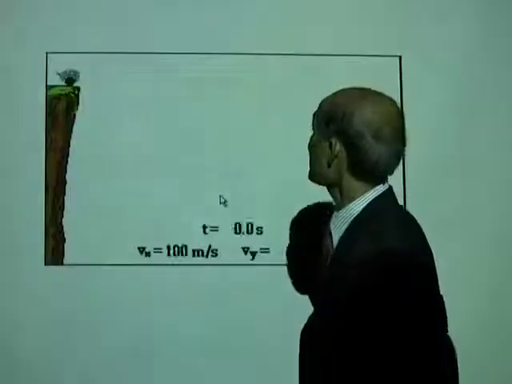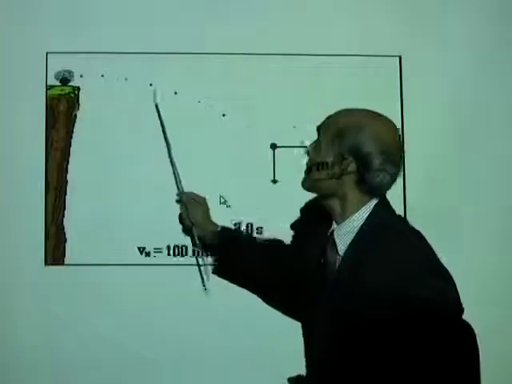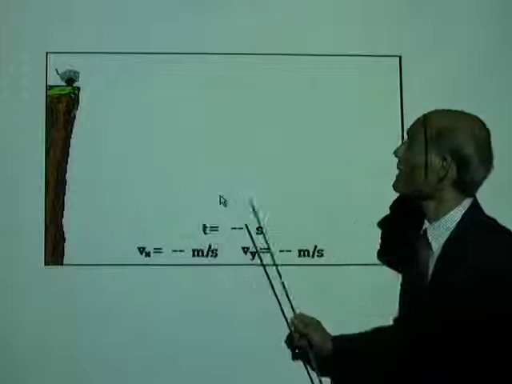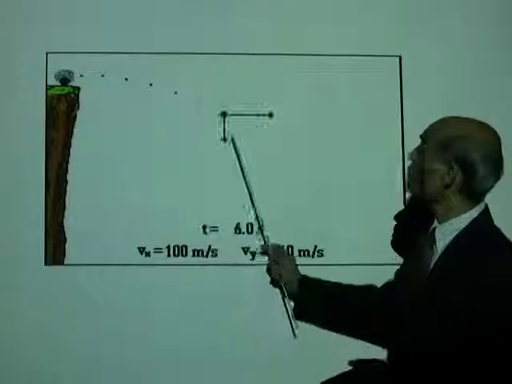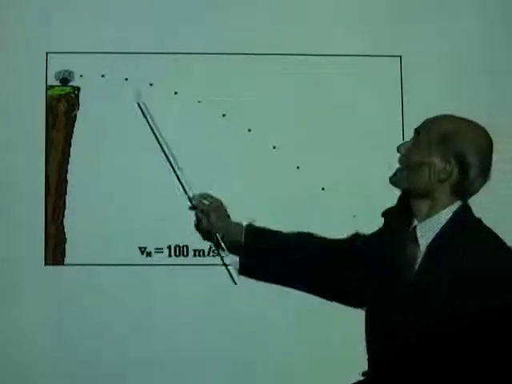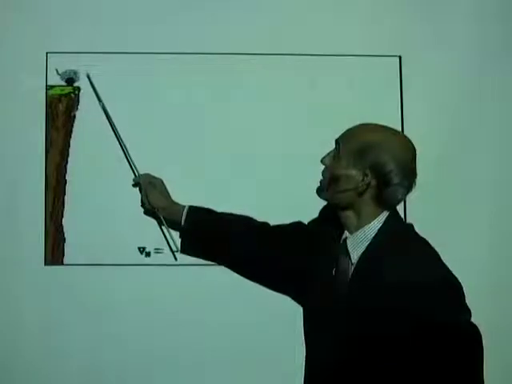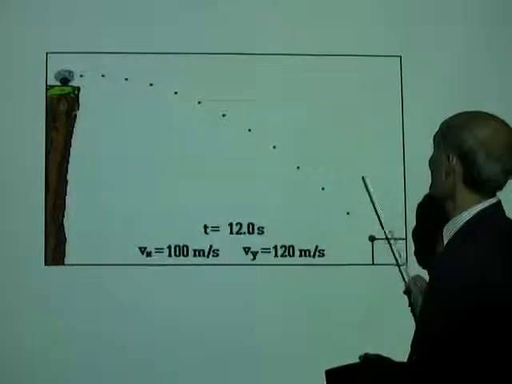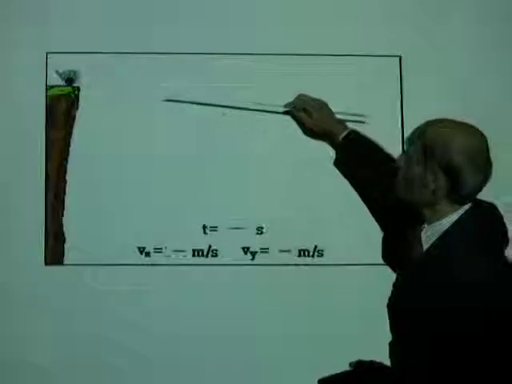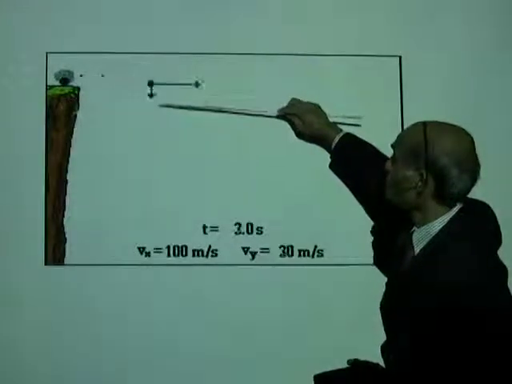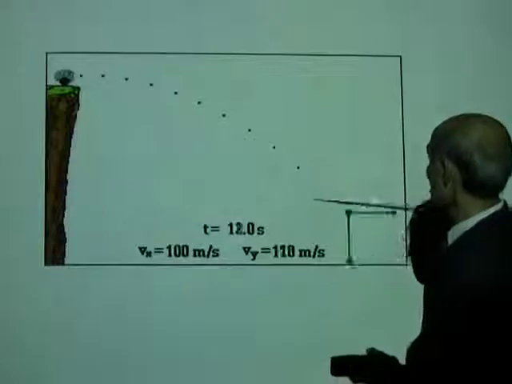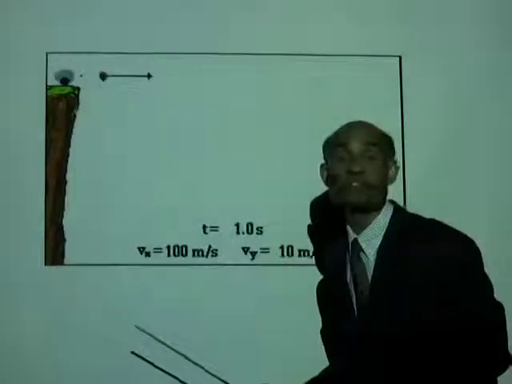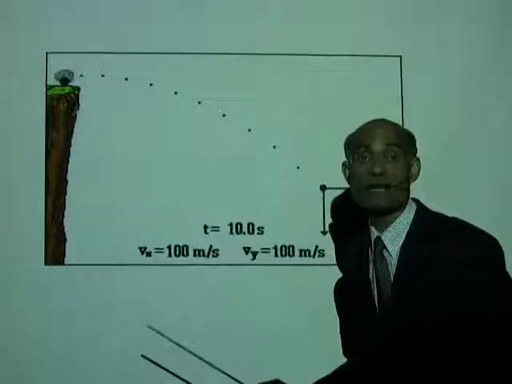Okay, now here I have another example of a ball projected, and what I want you to watch in this animation is how the velocity changes. The horizontal velocity remains constant, and look at the way the vertical velocity grows, according to the equation Vy equals Vy0 minus gt.